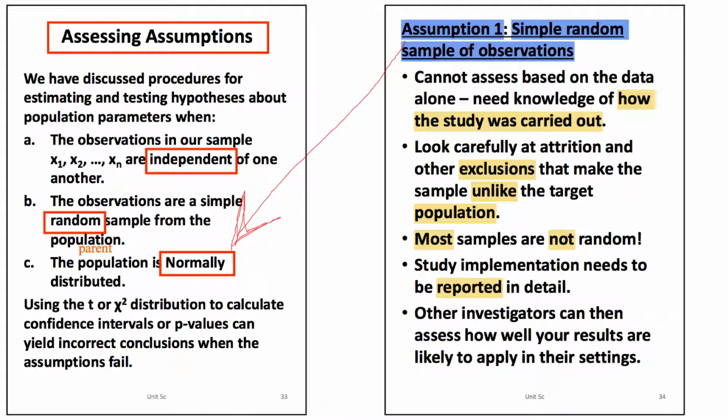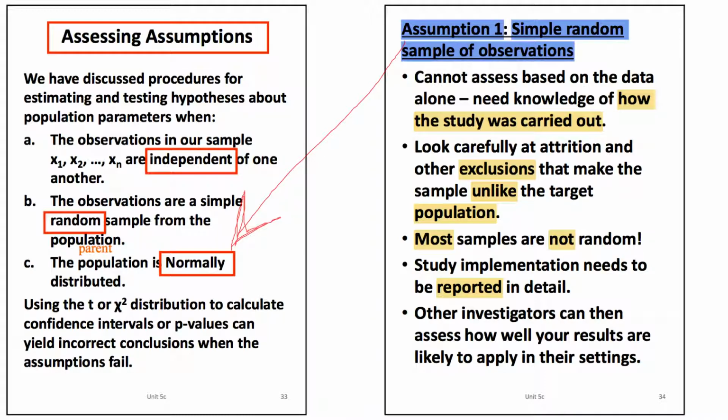That's why when people ask me a question about homework, I say, well, depending on all the information given, I can't really say that. You probably need to know some background knowledge of how this data was collected. Sometimes we cannot say if it is a random sample based on the data alone.